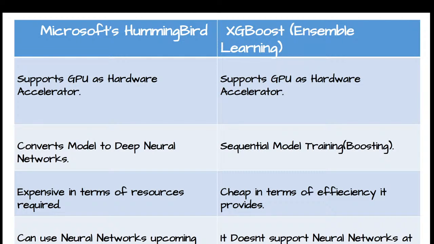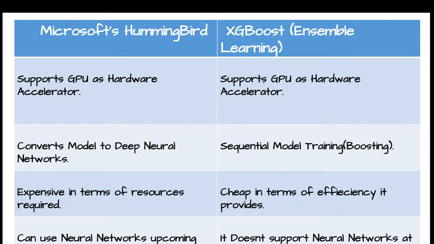It will just sequence the same traditional machine learning models. Then, this is a very big disadvantage of Hummingbird: it is too expensive to train. We will see this when we do this further.